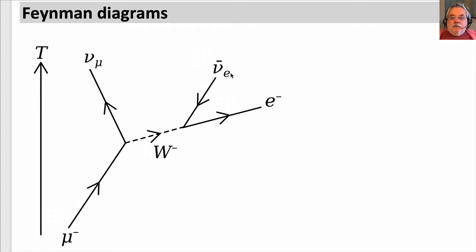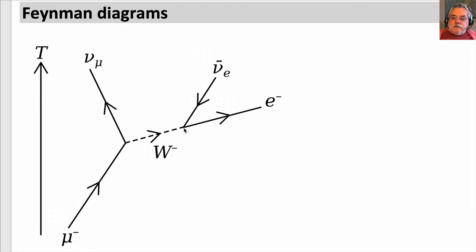Antimatter particles are given an arrow direction pointing backward in time. This second vertex conserves electrical charge -1, lepton number 0, and the lepton family numbers.